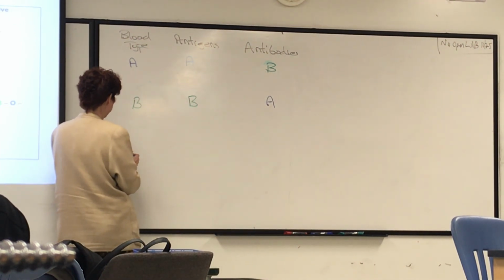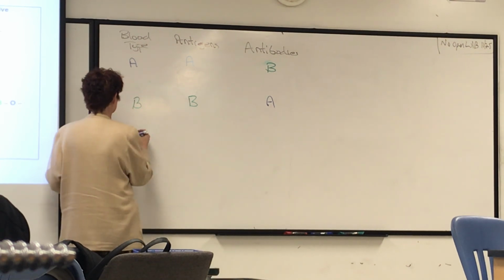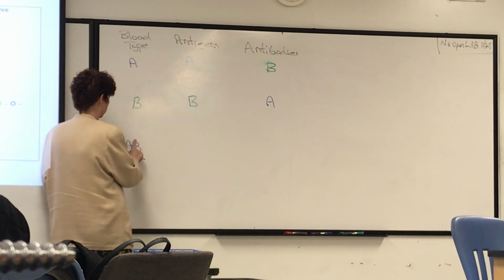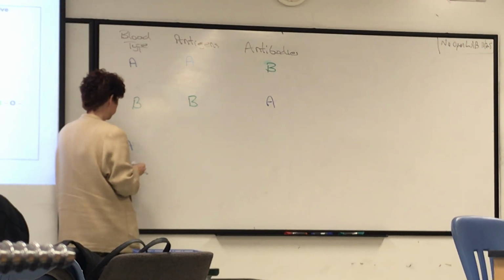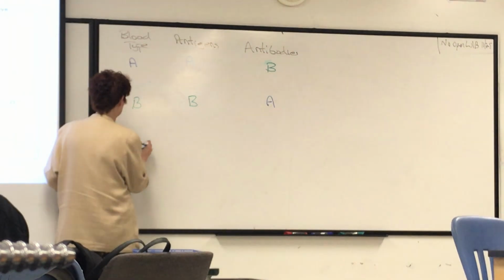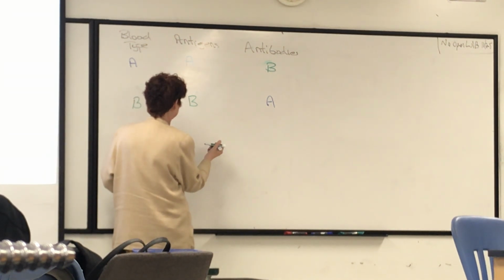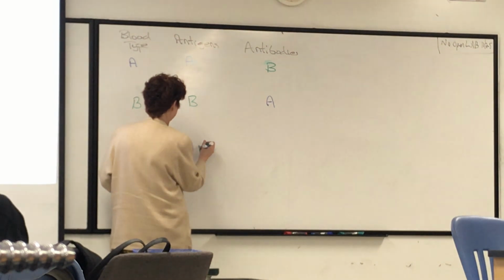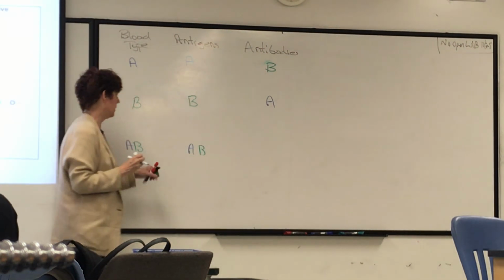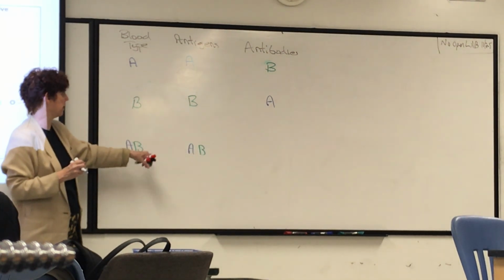Okay. If my blood type is AB, I have antigen A and antigen B, so I have both of those antigens.